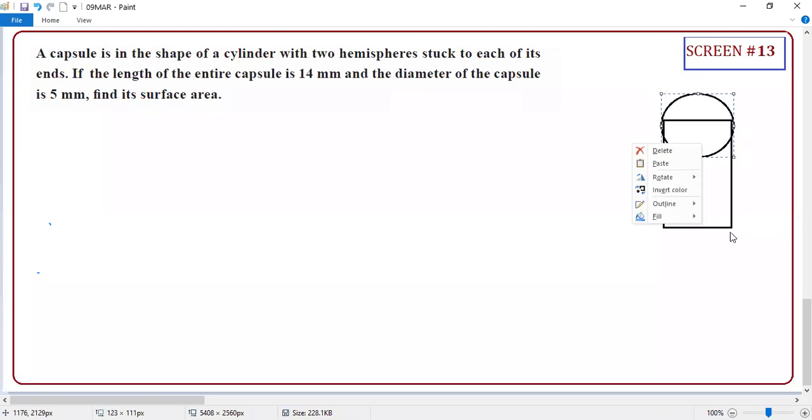How many of you have seen that? Sir, I have never taken a capsule. It's good if you are not taking capsules. So guys, now this is your capsule. Right? Say yes or no.